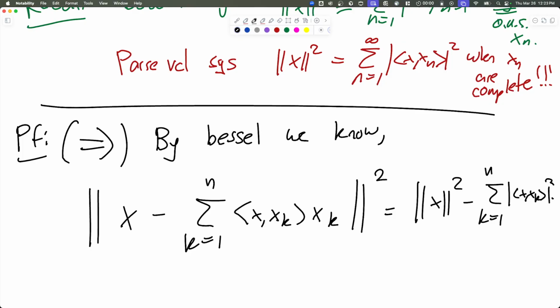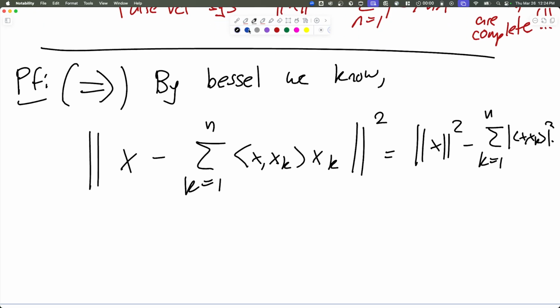Remember, Bessel's inequality came from Bessel's equality, which was this thing. And what we are saying is now take the limit.